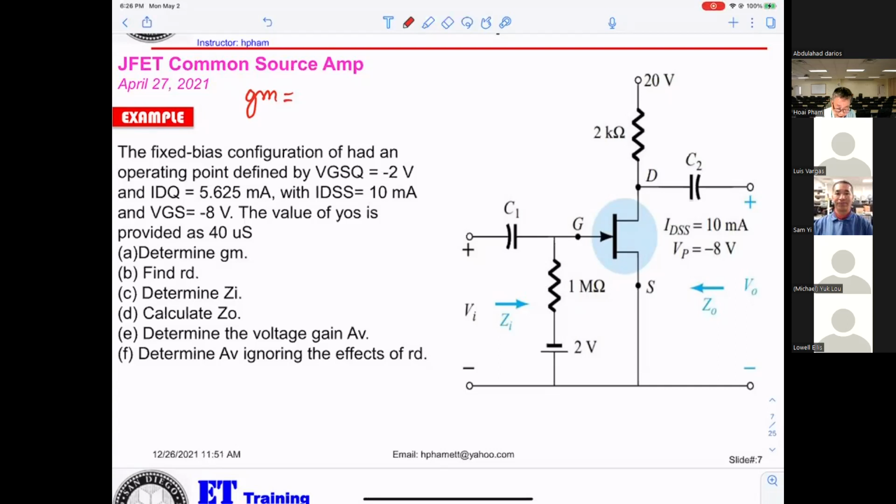That means you say ID at that, right? GM equals GM0, correct, times 1 minus VGS over VGS off. Okay.